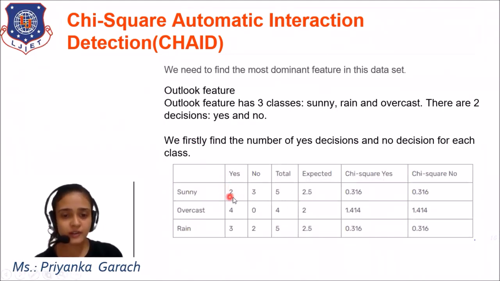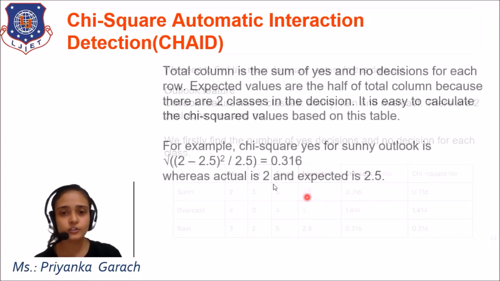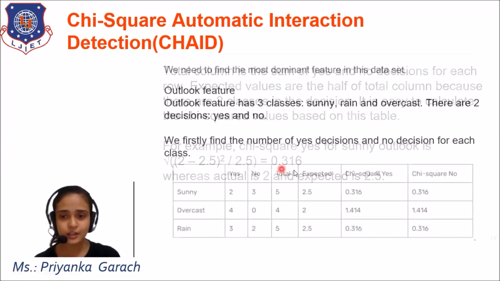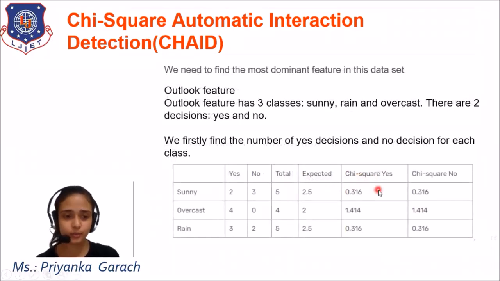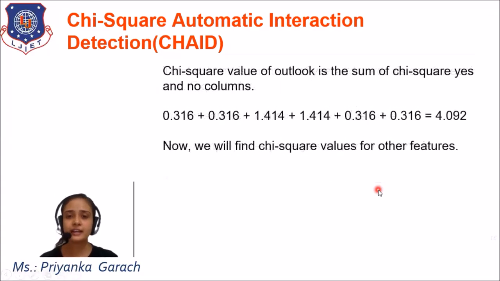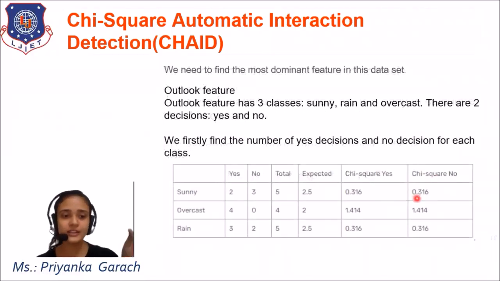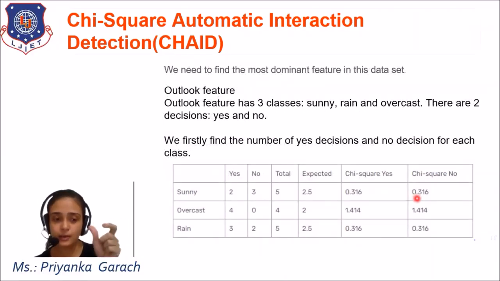The 2 is my actual value, the 2 for yes, because it is chi-square yes. So 2 minus the expected value 2.5, the whole square divided by the expected value 2.5, and the square root of that gives 0.316. So I'm writing the value here, 0.316. Similarly, I can find the value for the chi-square no also with the help of the same formula.